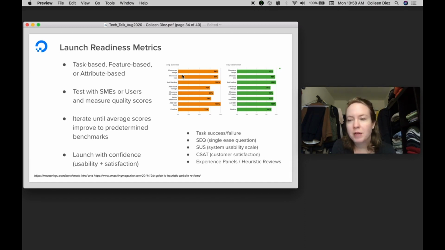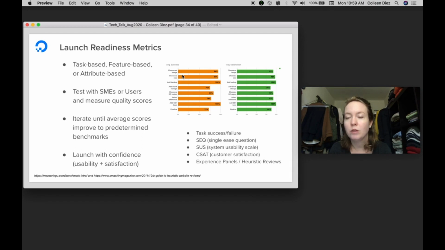And those task-based metrics, I've got some illustrated on the lower right here. They could be task success or failure. They could be according to the single ease question, how easy or difficult was it to complete that task? This is a question you would ask your users. It could be according to the system usability scale, which is a really common scoring system as part of usability testing.